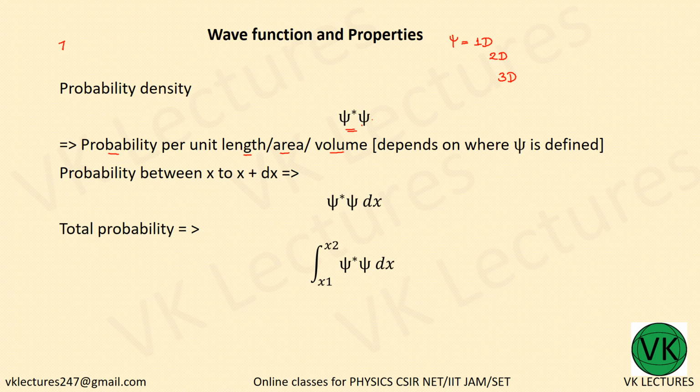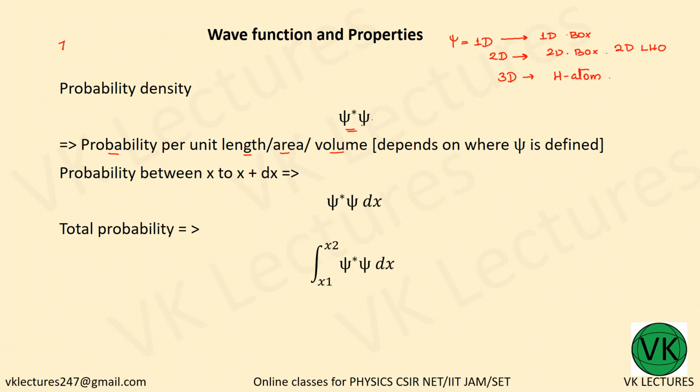Now this example is a 1D box, and here we have a 2D box or two-dimensional linear harmonic oscillator, and in the case of 3D we have a hydrogen atom.